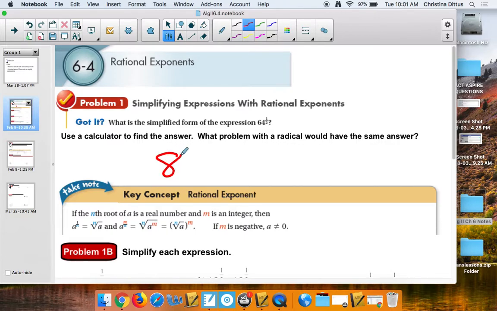So, using a radical, a square root, and 64, how else could I get 8? 64 divided by 2 cubed. Or no, 2 cubed. How about with 64?